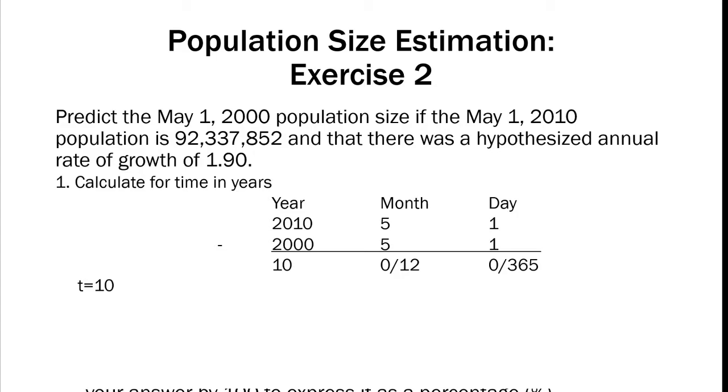It's just that here, we're looking for a different thing. What are we actually looking for in this problem? We're looking for May 1, 2000 population size, and May 1, 2000 is a more past date than May 1, 2010. So you do know that what you're actually looking for in this problem is past population size. We're estimating for the past population size.